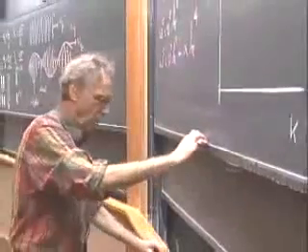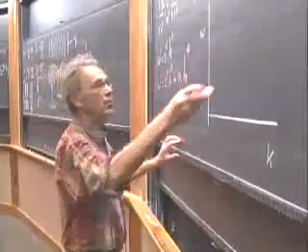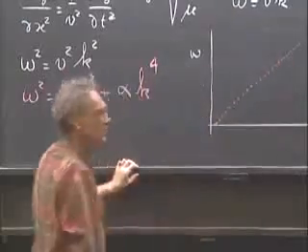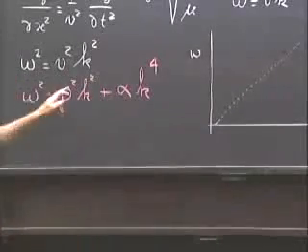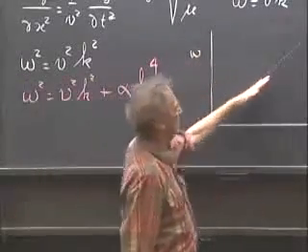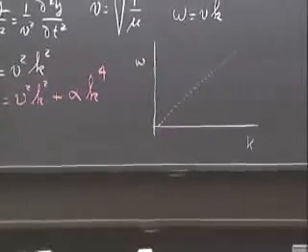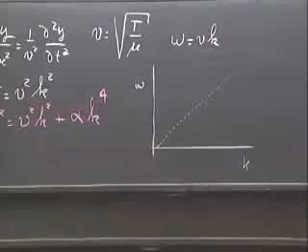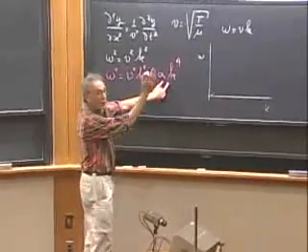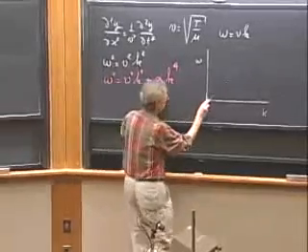What we had before, when we only took the tension into account, we had this. Omega is linear with k. And that slope is the phase velocity. It's also the group velocity. All wavelengths have the same speed. But now, because of this term, it's going to curve up, because alpha is positive. So now you're going to get this.